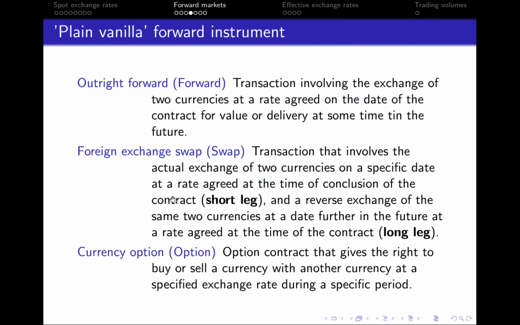So what is happening over here? Two companies, two agents basically, are agreeing to exchange currency at a given price, and they do it at the very moment when the agreement takes place. Then, after some period of time has passed, the reverse exchange of the same two currencies at a future date takes place, and they exchange currencies back at a different exchange rate. This is called the long leg.